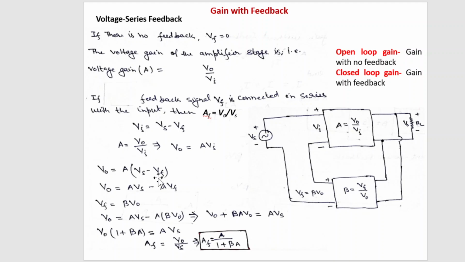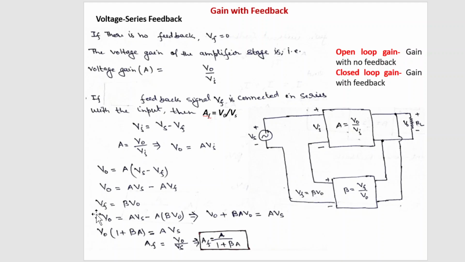So VO is equal to A into, and in place of Vi we can write Vs minus Vf. So VO is equal to A into (Vs minus Vf). Opening the bracket, VO is equal to A Vs minus A Vf, and this Vf can be written in terms of beta into VO, the output voltage.